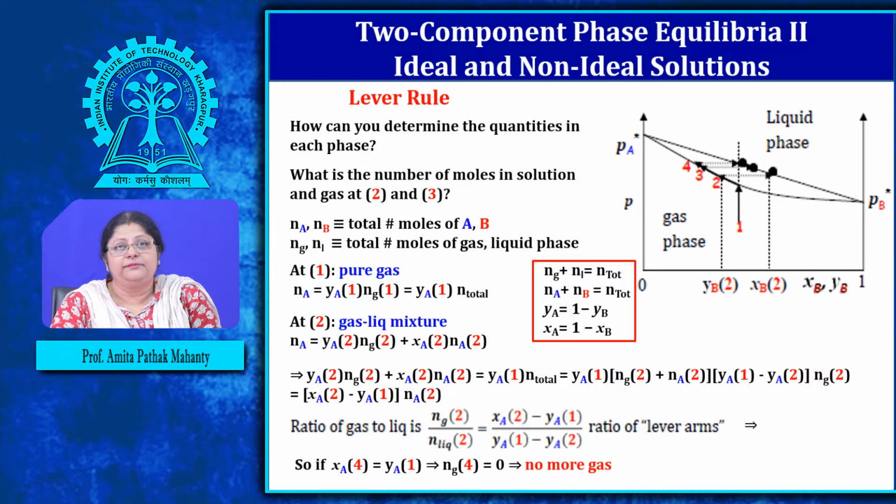Now at point 2. Point 2 means from here I have moved along the coexisting line. Okay, this is point 2. Now here you can have two components, the vapor as well as the liquid.